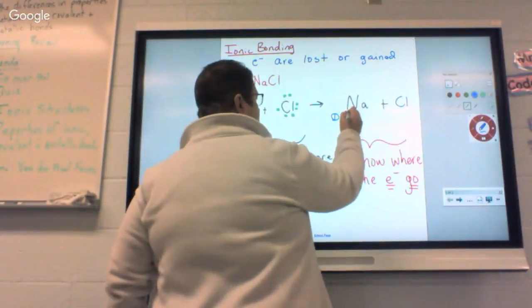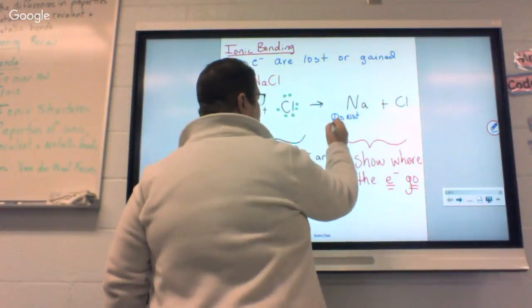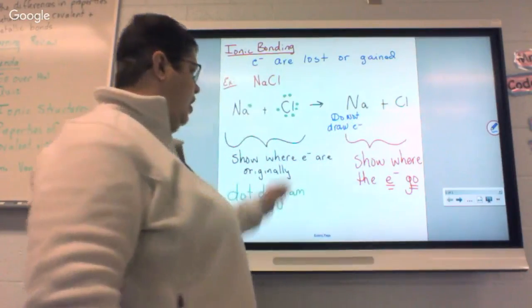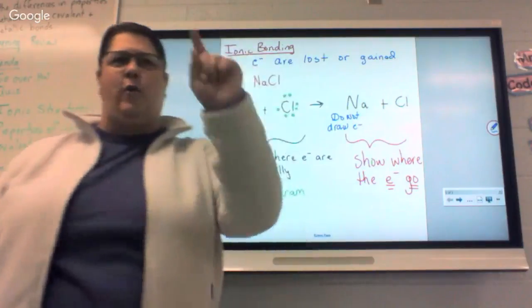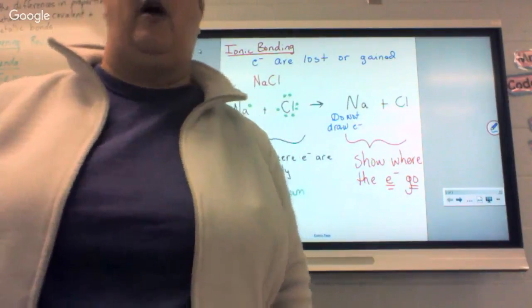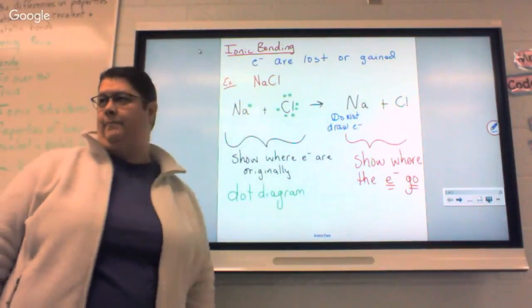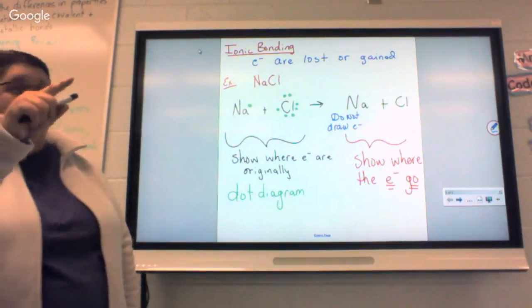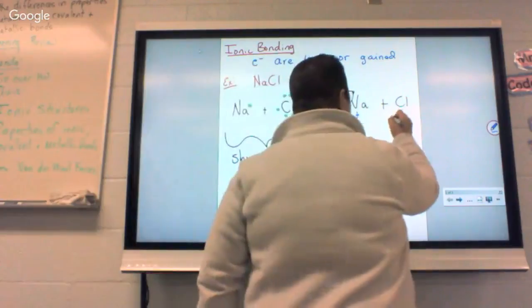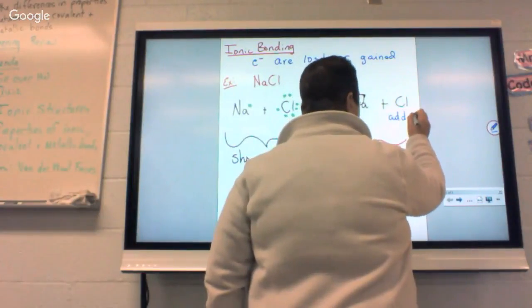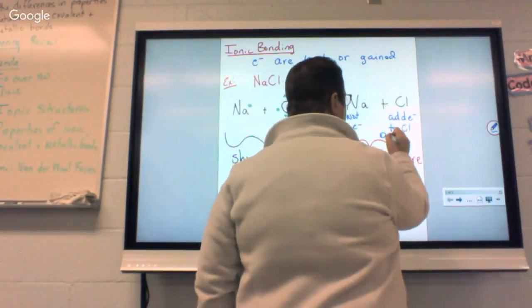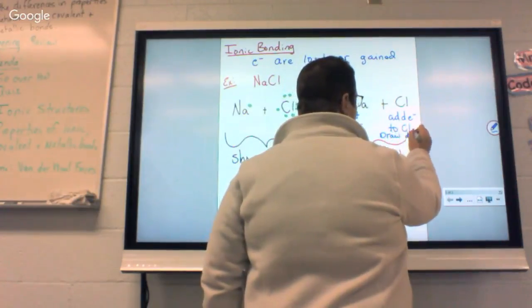So, do not draw electrons. The sodium, we're not going to draw any electrons. What else are we going to do to show that it lost an electron that we've learned this semester? Okay? We're going to add the electron to chlorine, which means we're going to draw dots on chlorine.